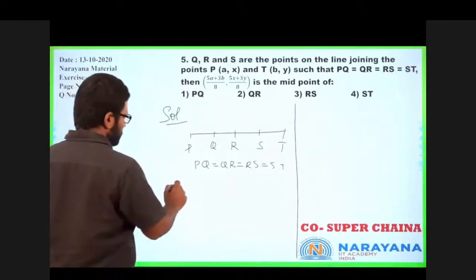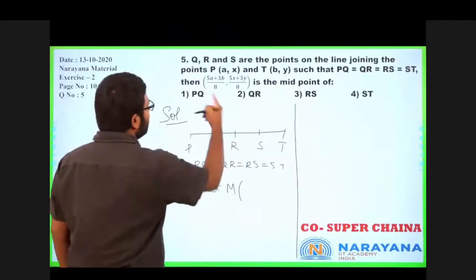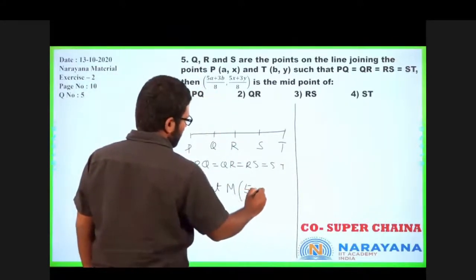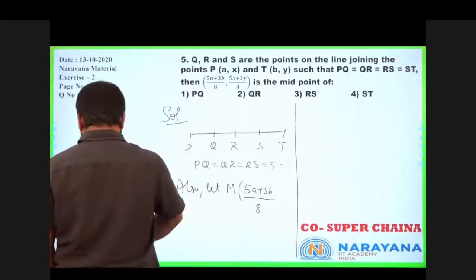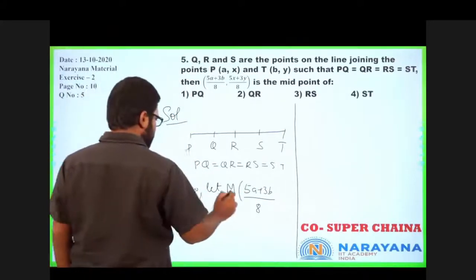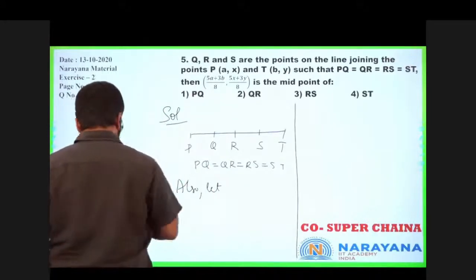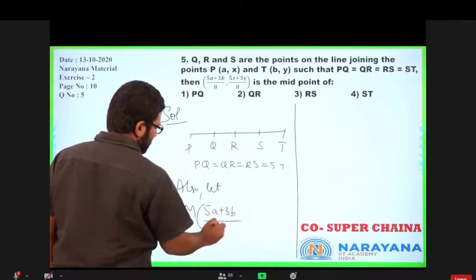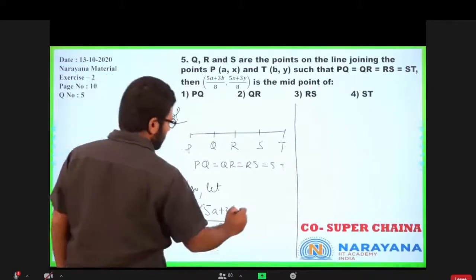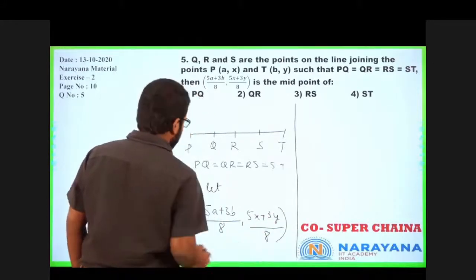Now, also let M be the given point, which is (5A plus 3B) upon 8, comma (5x plus 3y) upon 8.